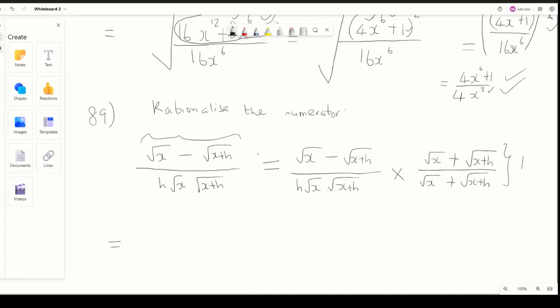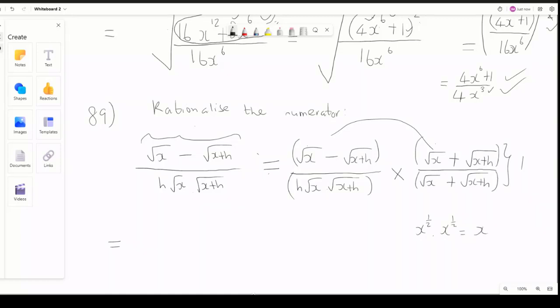So what is the square root of x times the square root of x, people? I'm multiplying now, right? So the square root of x times the square root of x. People, you know the square root of x is x to a half, times x to a half.